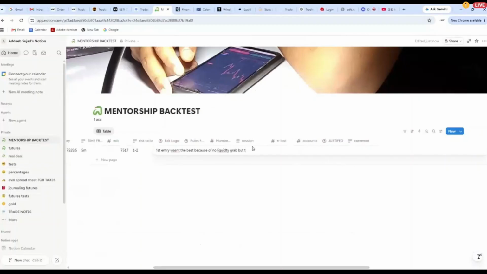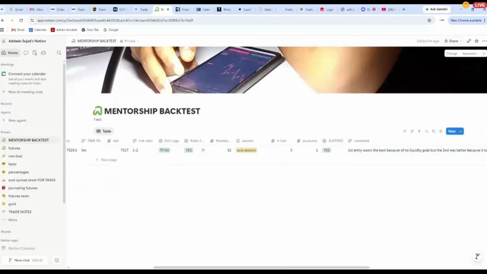But the second was better because it took out the last highs, and then that was a perfect entry. Entry was perfect, and risk 1 to 2. It's max.